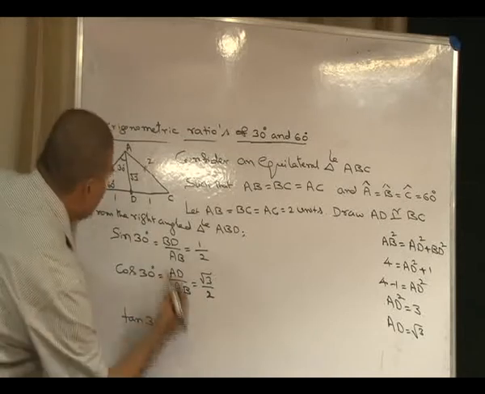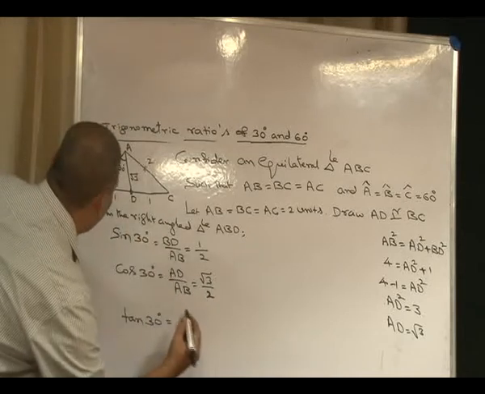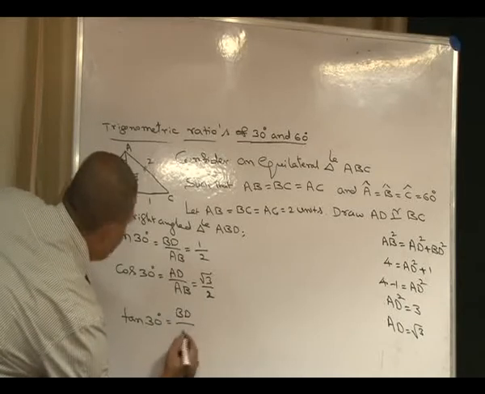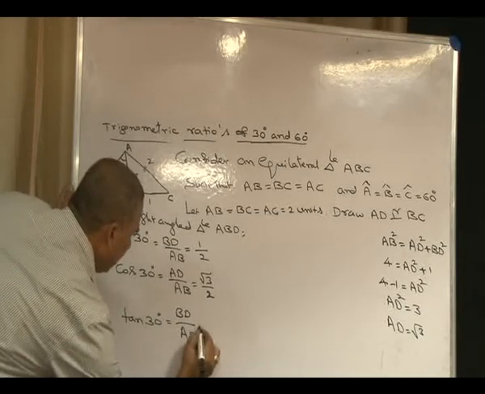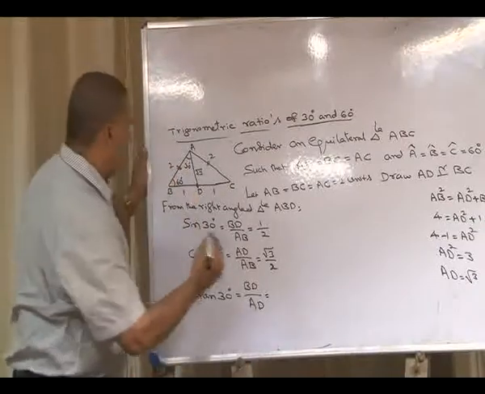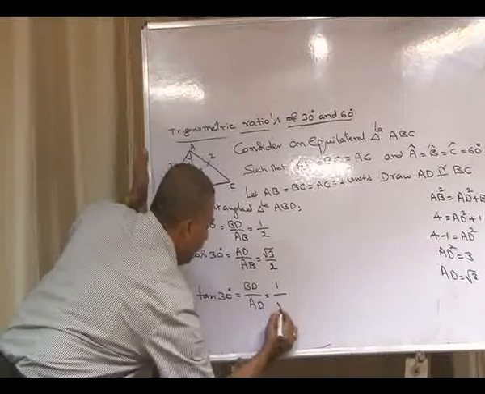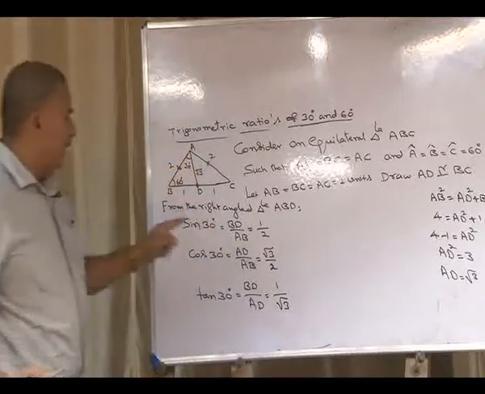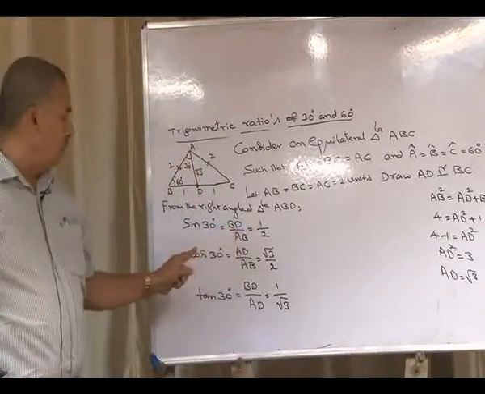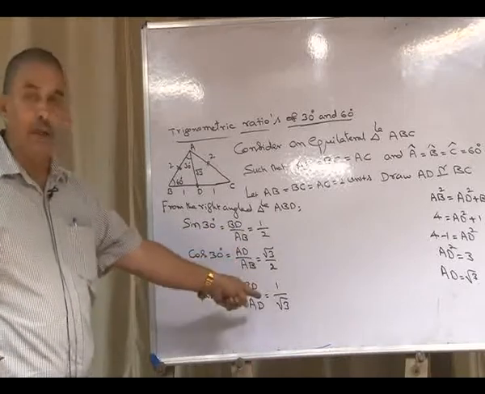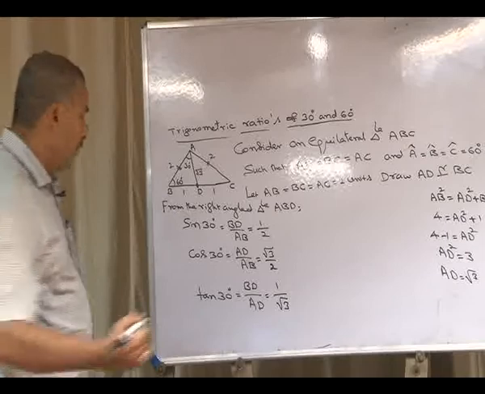Tan 30: the opposite side is BD, the adjacent side is AD. BD is 1, AD is root 3. Sin 30 degrees is 1 over 2, cos 30 degrees is root 3 by 2, tan 30 degrees is 1 by root 3.